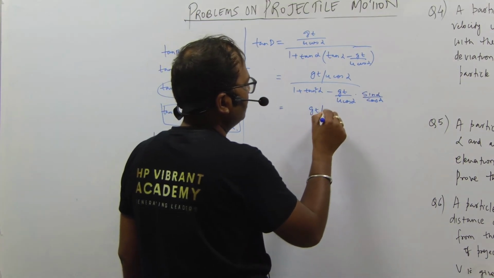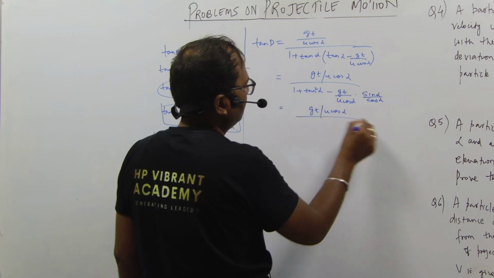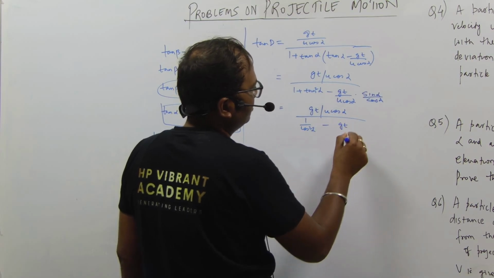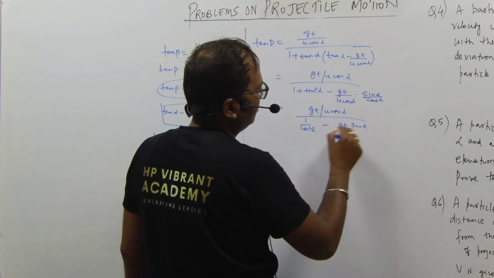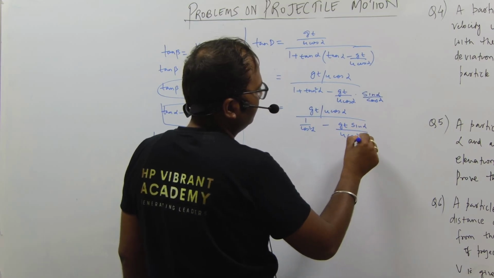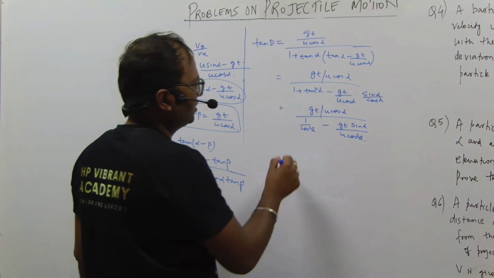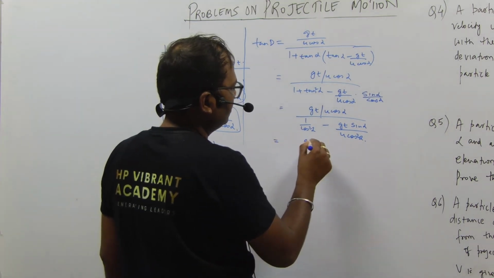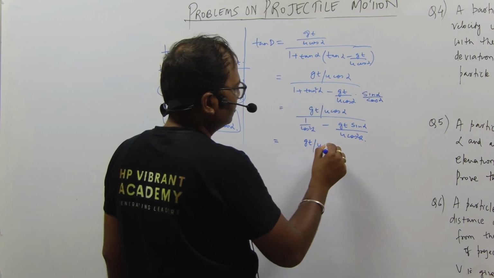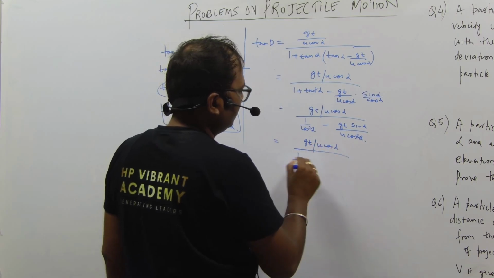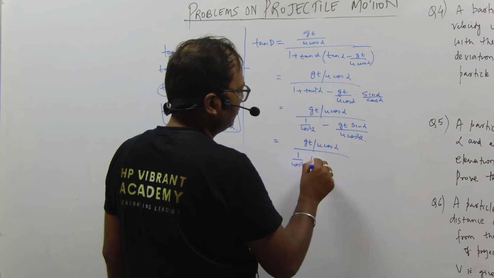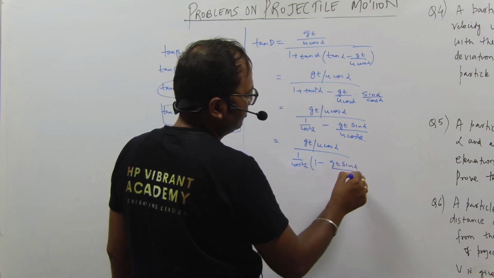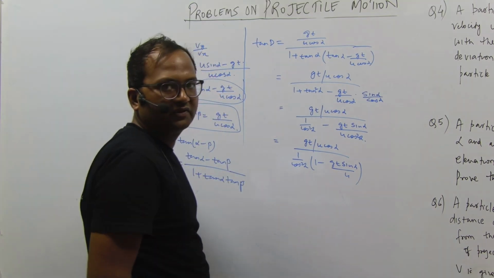So we have gt upon u cos alpha upon 1 upon cos square alpha, minus gt sin alpha upon u cos square alpha. Let us take cos square alpha outside. So we have gt upon u cos alpha upon 1 upon cos square alpha into 1 minus gt sin alpha upon u. Let us further simplify this.